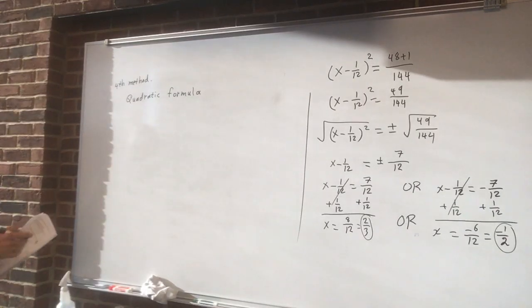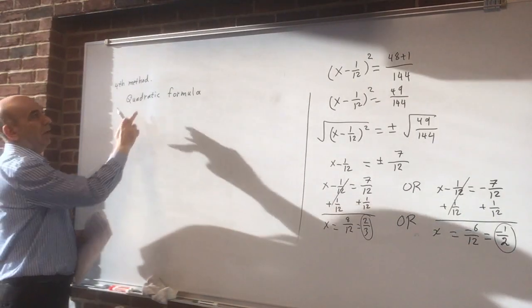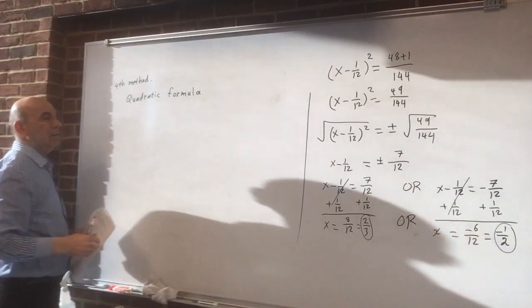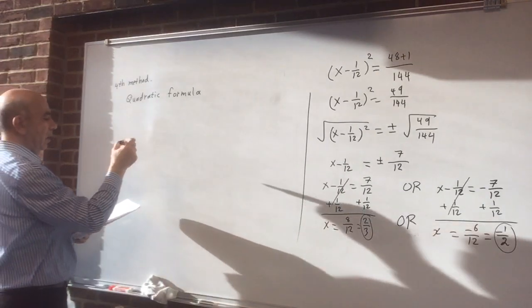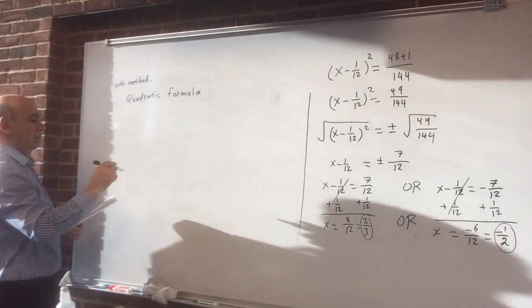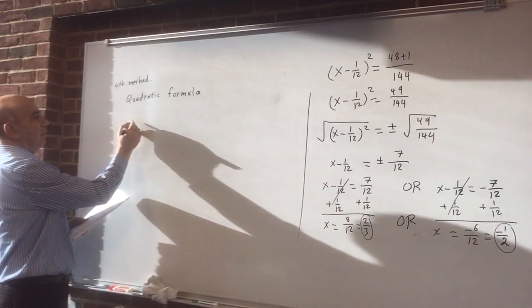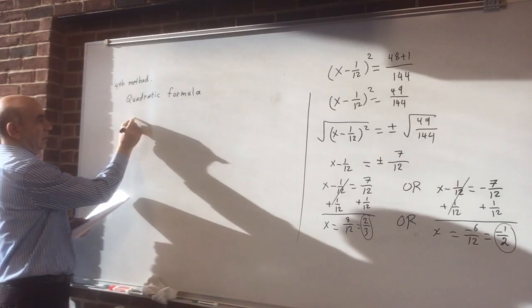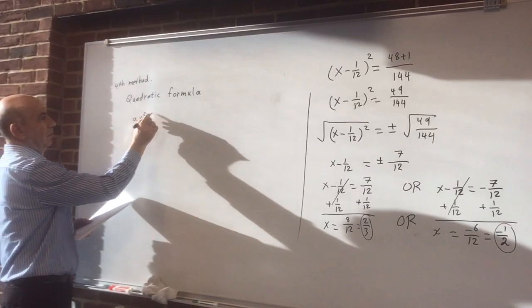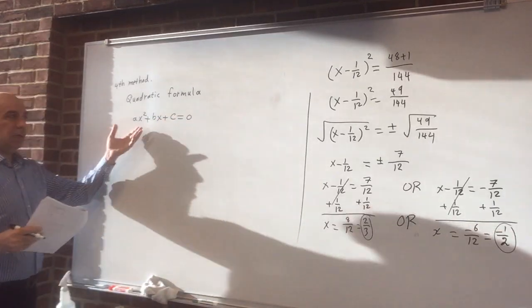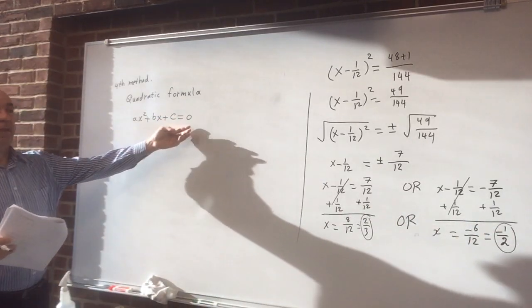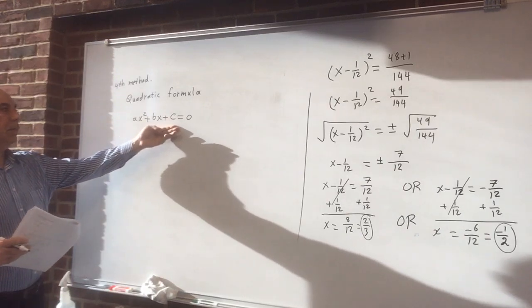To solve the quadratic equation by this method, we need to write the equation in the standard form, ax squared plus bx plus c equals 0. So this is a quadratic equation. This is the standard form, or the general form.